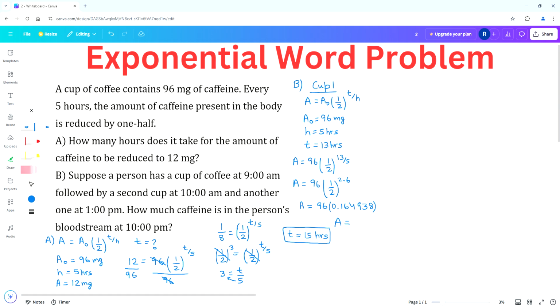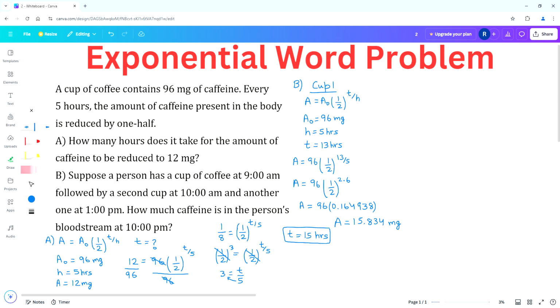I get 15.834, and the unit is milligrams. This is the amount of caffeine left from cup 1 in the bloodstream at 10 p.m.